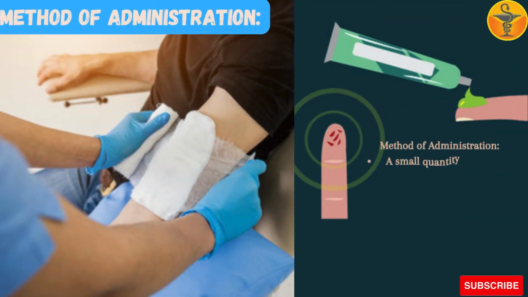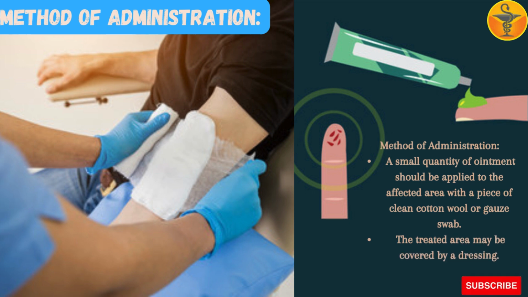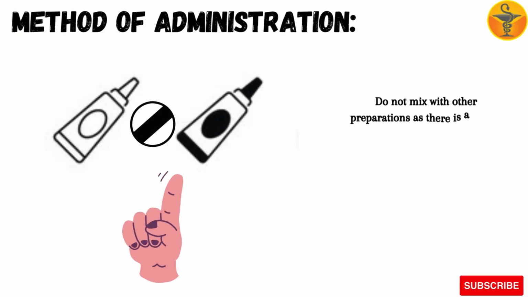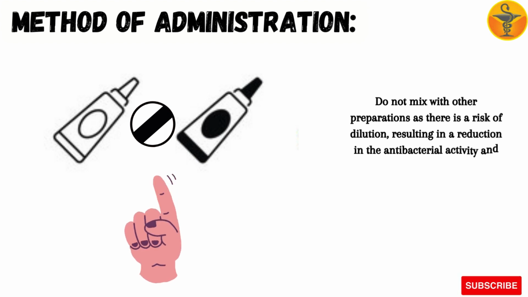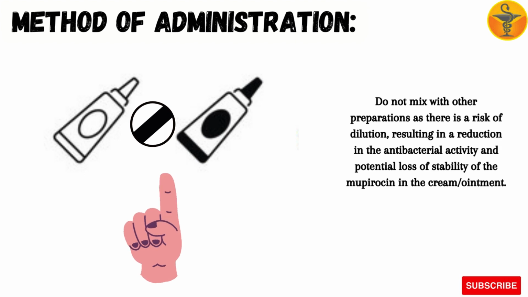A small quantity of ointment should be applied to the affected area with a piece of clean cotton wool or gauze swab. The treated area may be covered by a dressing. Do not mix with other preparations as there is a risk of dilution, resulting in a reduction in the antibacterial activity and potential loss of stability of the mupirocin in the cream, ointment.